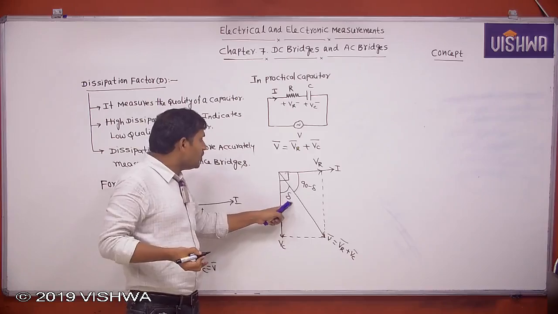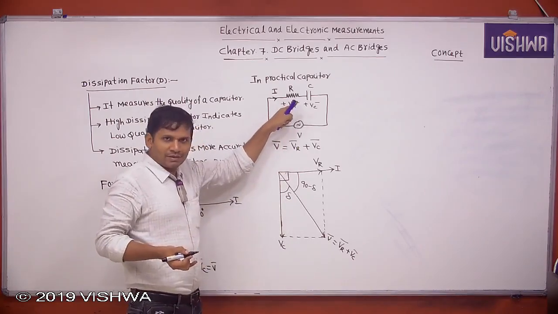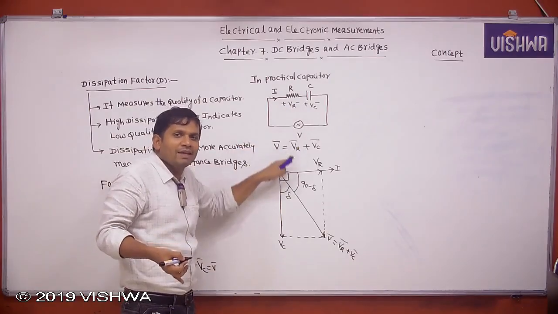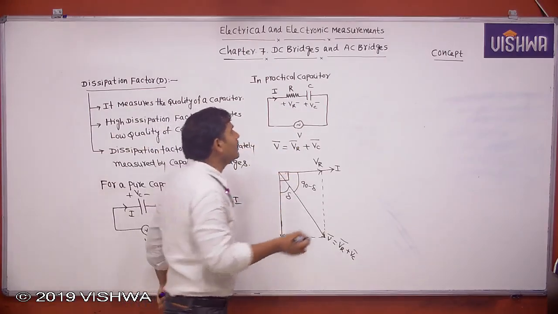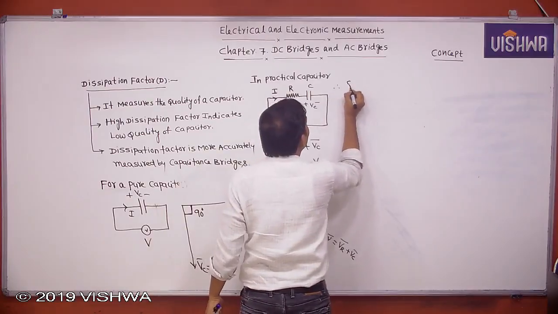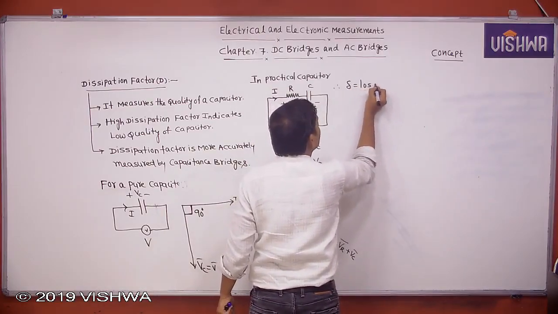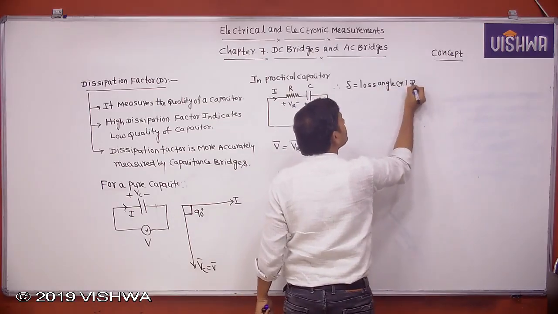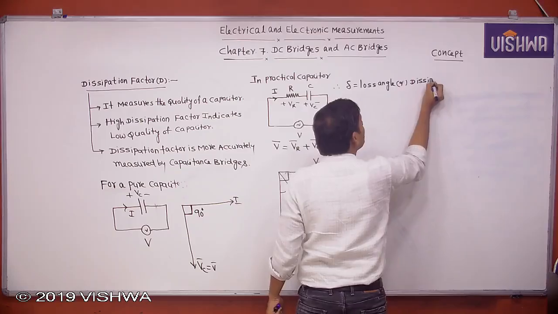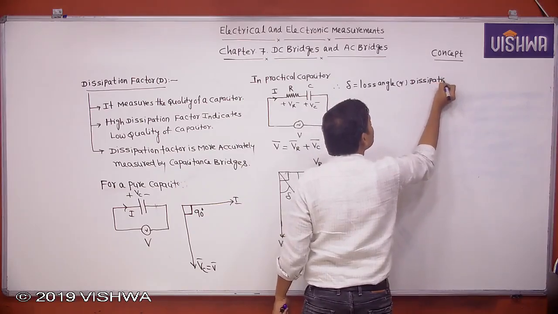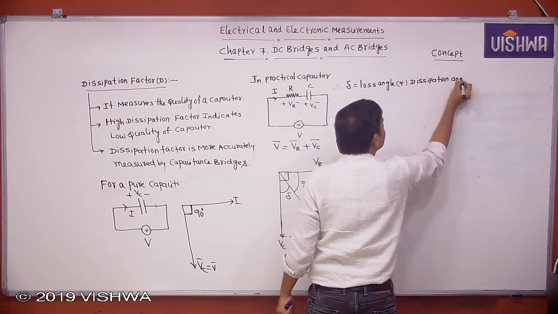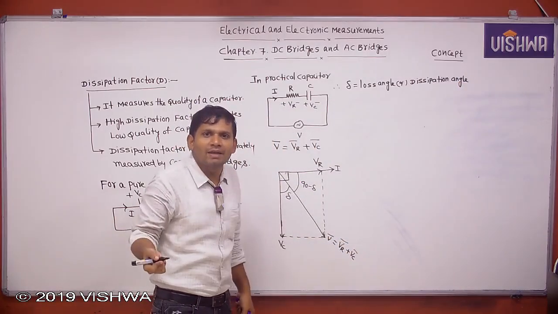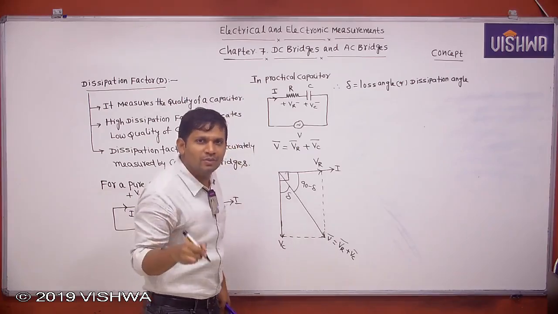Due to the resistance of the capacitor, it loses some angle. That angle is called loss angle or dissipation angle, where delta equals the loss angle or dissipation angle.